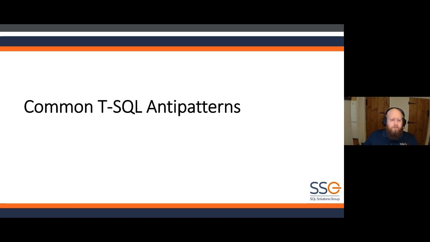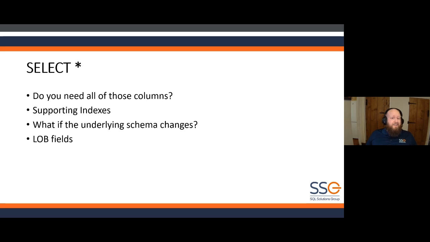Right. So T-SQL anti-patterns. We see a lot of select stars. What this means is doing a select star on a table to return data to an application. When a developer is writing code, it seems like a good idea.